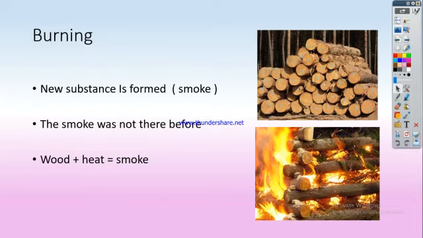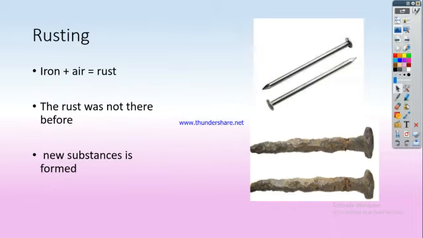So this is a chemical change. Number 2, rusting. If iron is exposed to the air, this causes rust. This brown layer is called rust. The rust wasn't there before, and this rust can't return back to iron again.